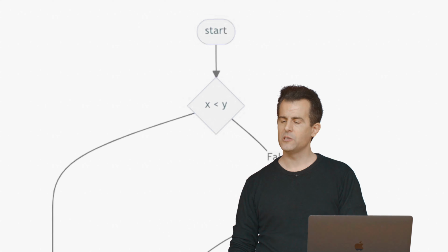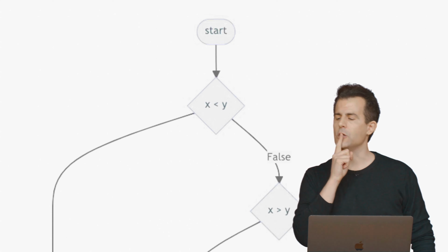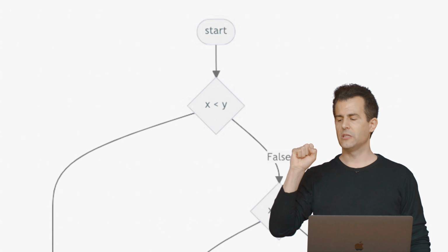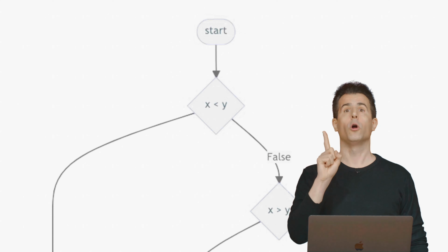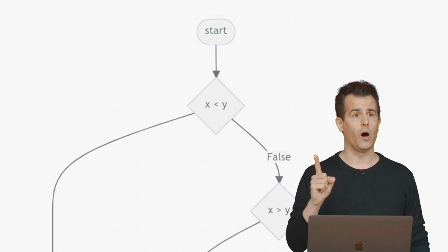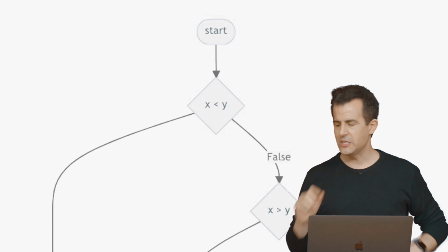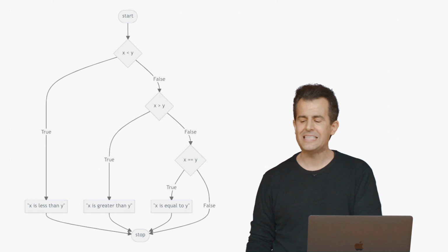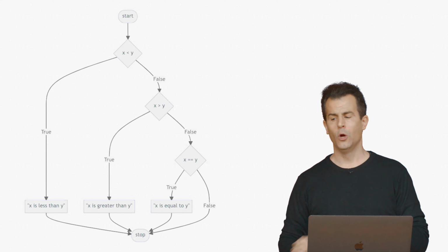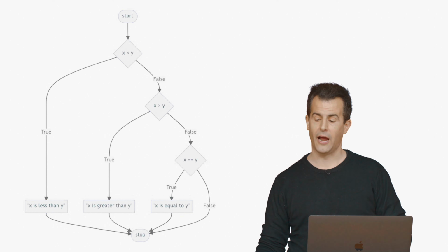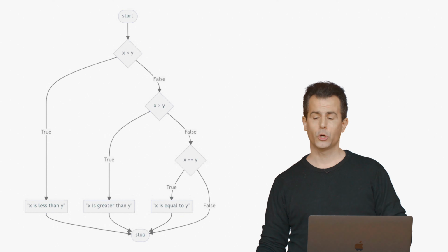Let me zoom in at the top as before, and let me propose that we note that the start oval is at the very top, and it's asking us to ask one question first. X less than y. Is 1 less than 2? But notice here, let me zoom out. If 1 is indeed less than 2, we follow this longer arrow down marked true.